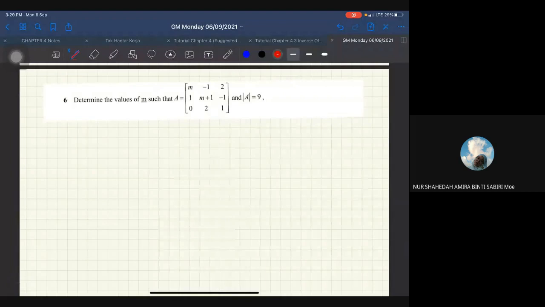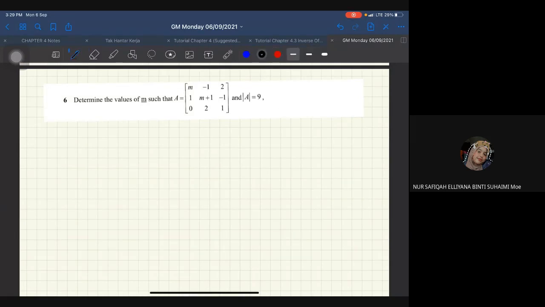This one soalan ni awak nak saya terangkan ke? Do you want me to explain this one as well? Ke tak perlu? Mana-mana saja. Boleh juga Miss explain. Boleh juga. Okay, kejap saya tengok.